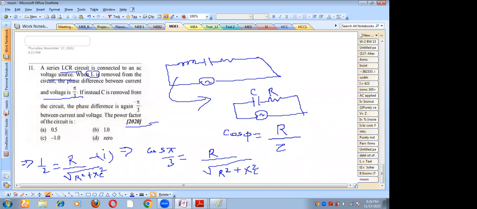Now it says if instead C is removed from the circuit, the phase difference is again pi by 3 between current and voltage. So what will happen when C is removed? We will be left with an LR circuit.